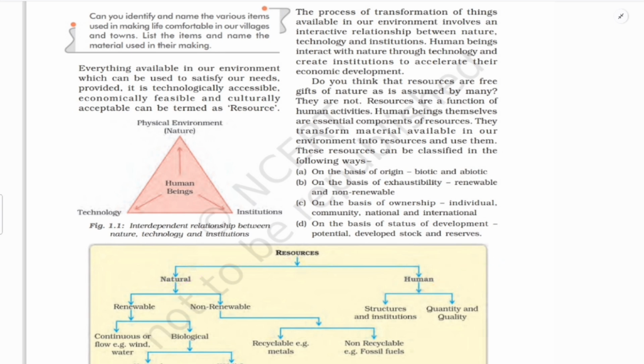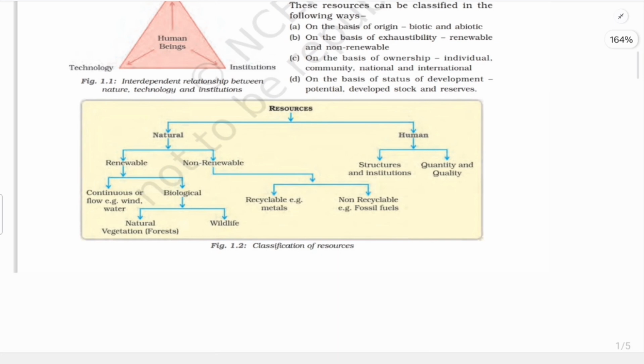The natural can be divided further into two parts, renewable and non-renewable, and the renewable resource can be continuous as wind, water, or biological. Biological can be further divided into natural vegetation, which we call forest, and wildlife. What is wildlife?